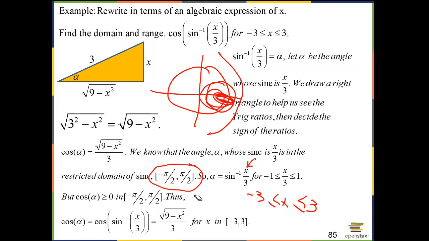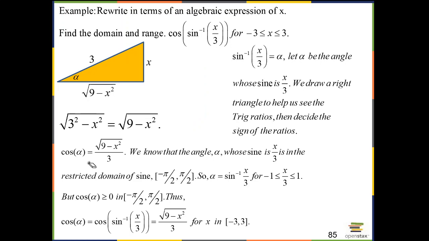And we know that alpha has to be in this area, and cosine is positive in this area, so that means we don't need to worry about putting a negative here. We just use square root of 9 minus x squared over 3, and x has to be between -3 and 3. Okay? If you do a few of these, you get used to it.